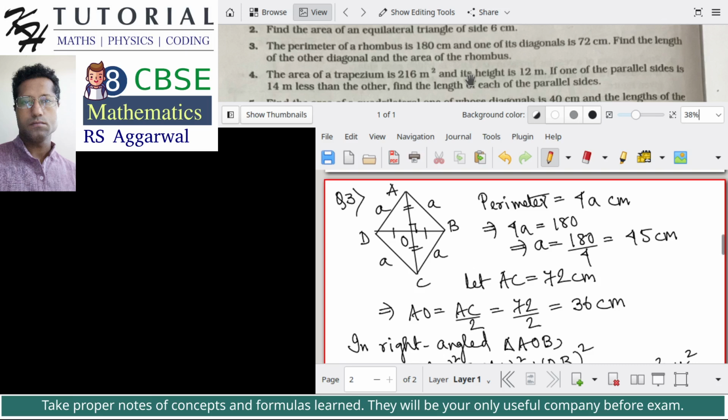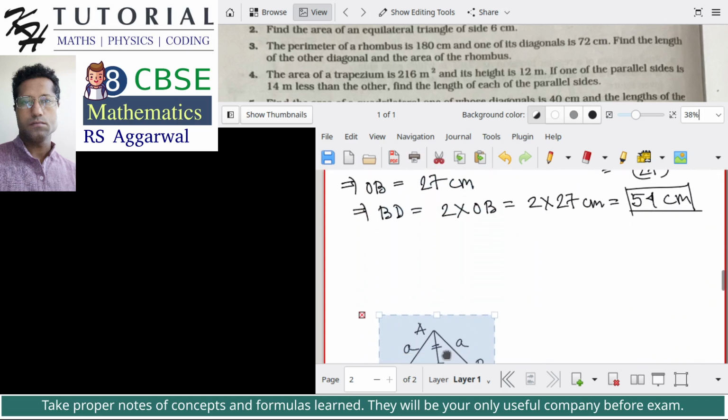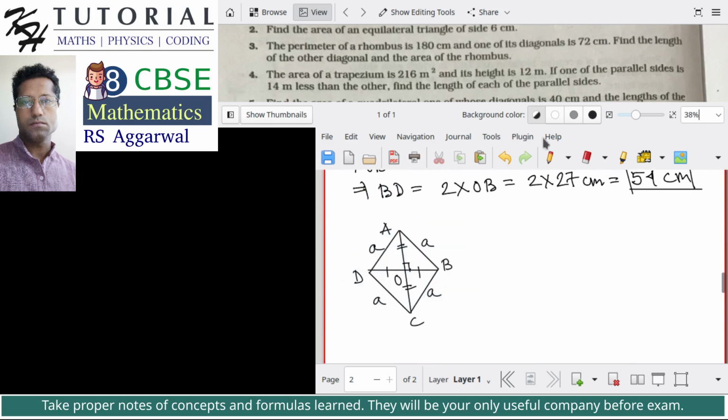Let me quickly copy this figure so that it will be easy to refer. Now I have to find the area of the rhombus. Now we can see that the area of the rhombus ABCD, in short I am writing AR for area, will be equal to area of triangle ACB plus area of triangle ADC.